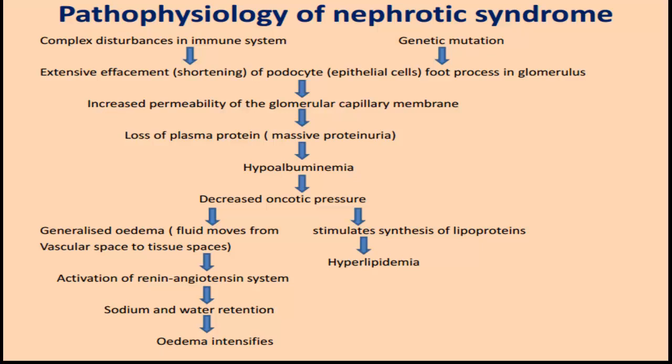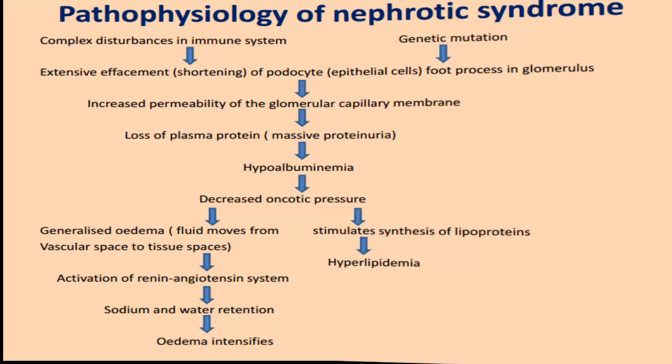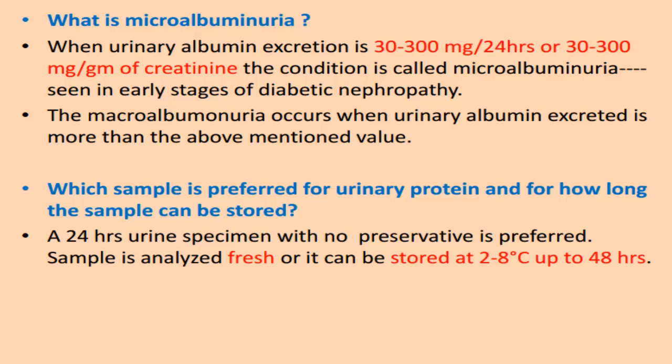Renin-angiotensin system is also activated. Thus, there is sodium and water retention, which intensifies edema. Next, what is microalbuminuria? When urinary albumin excretion is 30 to 300 mg per 24 hours or 30 to 300 mg per gram of creatinine, the condition is called microalbuminuria.